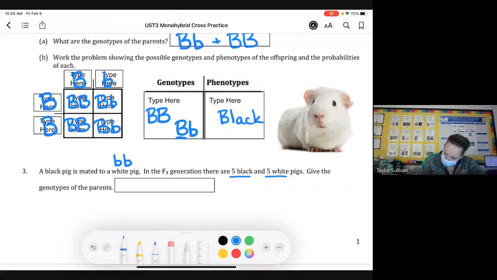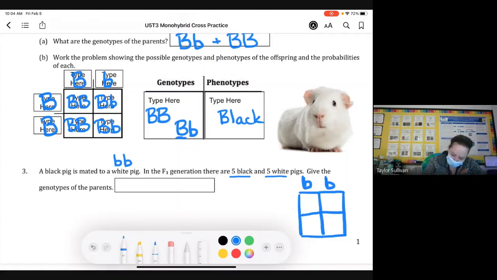If I want to show my work a little bit, I have to see what I would need to have babies that are white if I'm mixing a black and a white guinea pig. So let's put the white guinea pig's genes up top. This is their alleles.